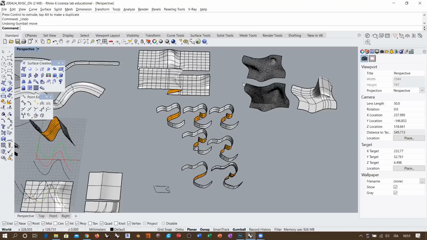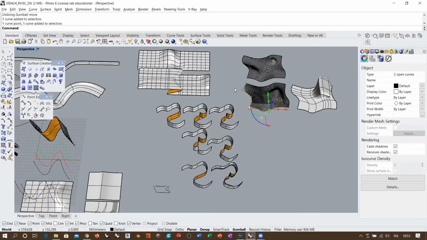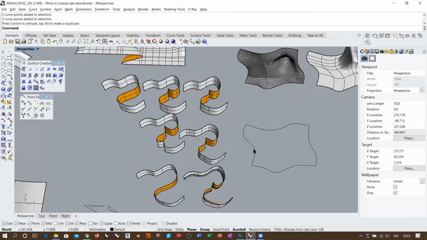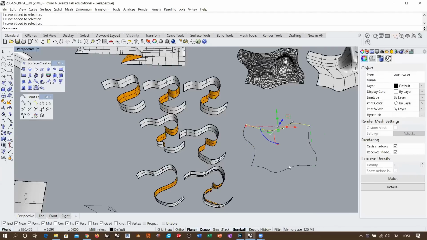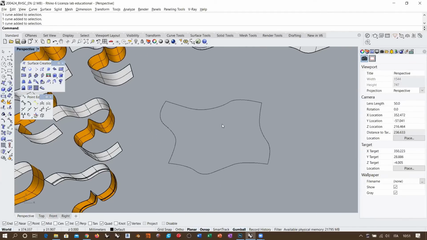So what I'm going to do right now is take the edges of this surface, all of them, and copy them here. So we have 4 edges here. Now what happens if I create this surface using the patch command?